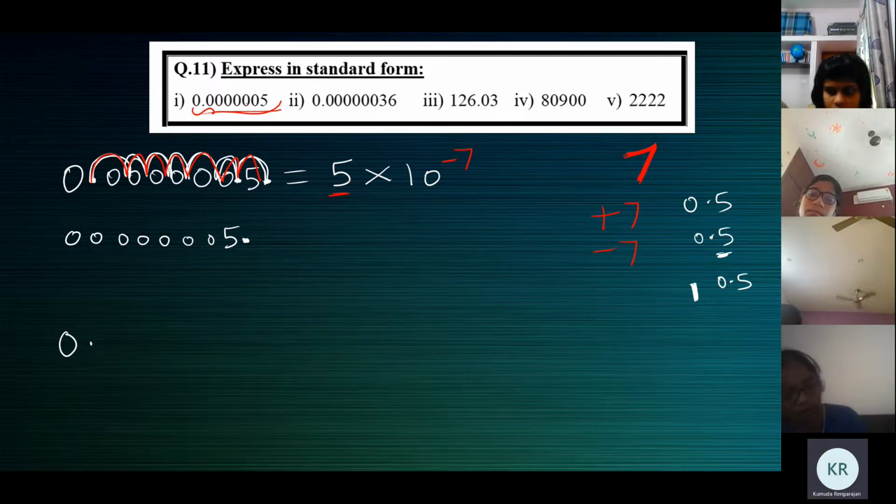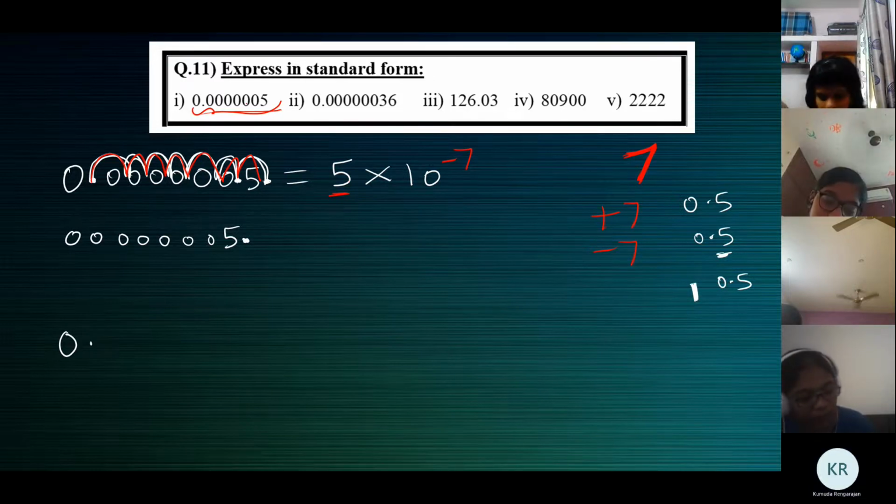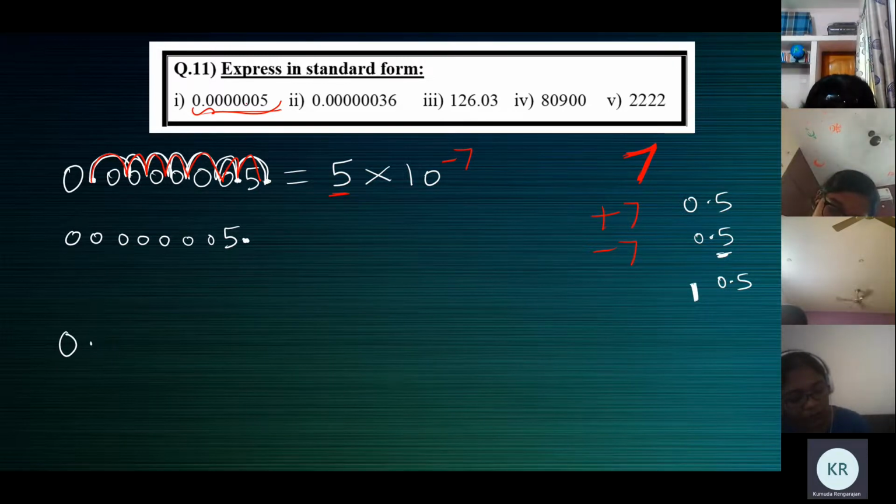To write the given number in the standard form, you will have to move the decimal point. By moving the position of the decimal point, if you have increased the value of the given number, then you must raise 10 to a negative power.